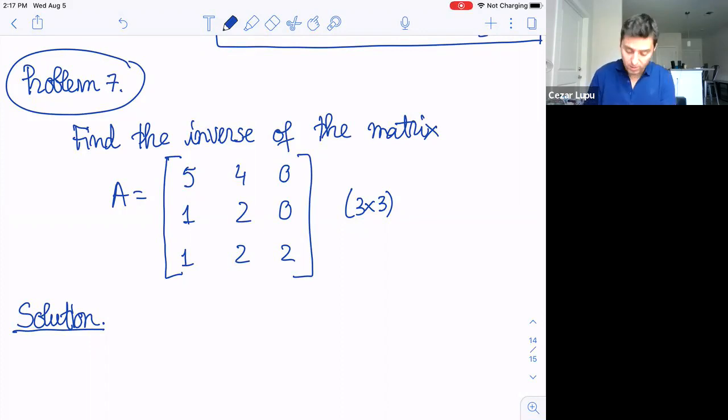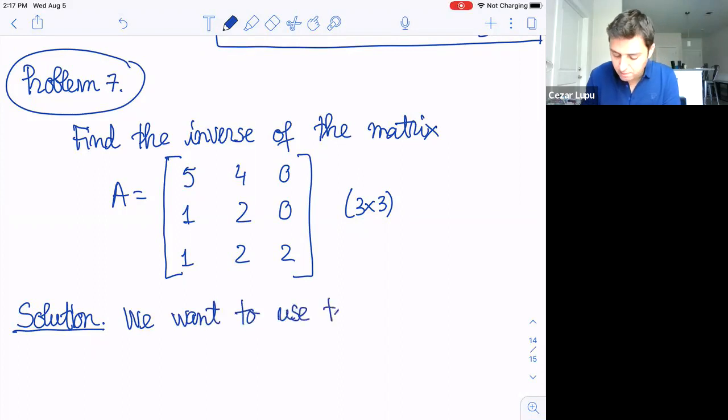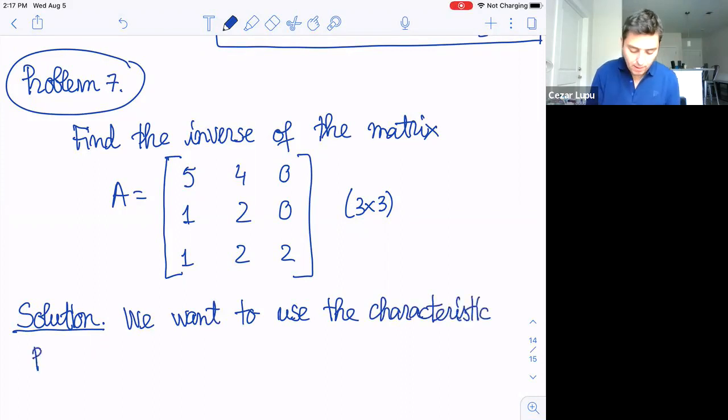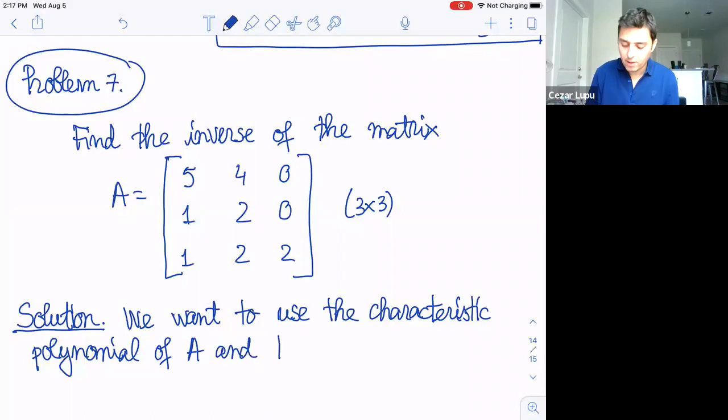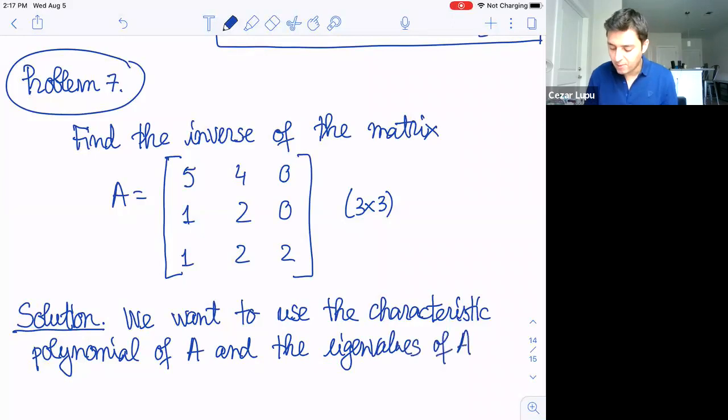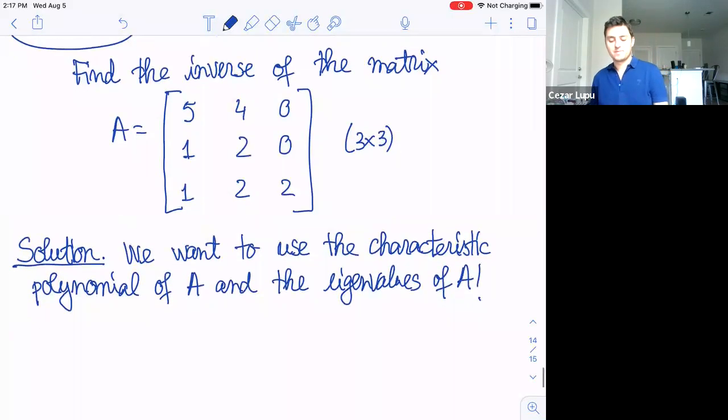But now we want to use the characteristic polynomial of A and the eigenvalues of A. Surprisingly, we can actually do this.